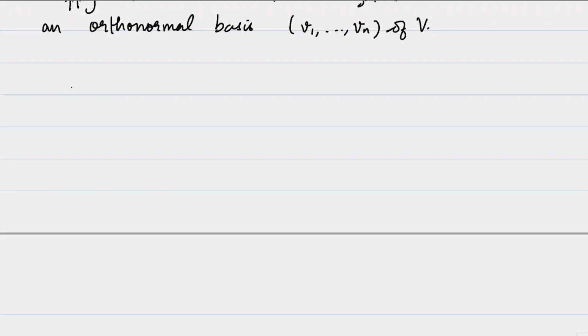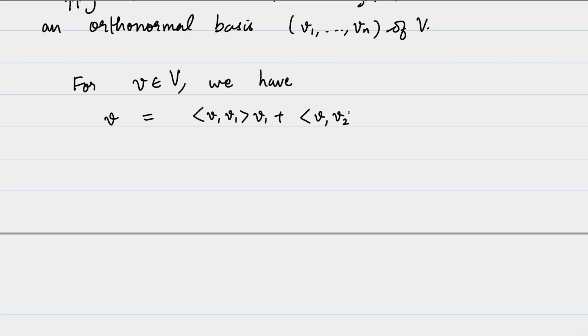Okay, so let's pick some vector v in capital V. For any vector v in capital V, by one of the results we have proved earlier, v is the inner product of v with V1 times V1 plus the inner product of v with V2 times V2 plus up to the inner product of v with Vn times Vn.